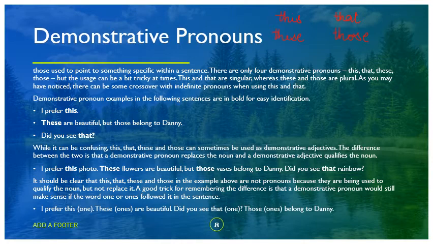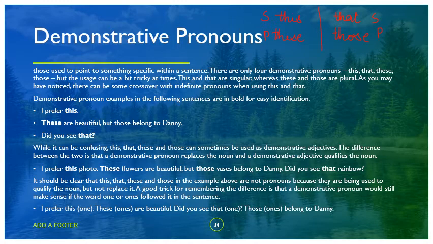Now we can see here that this is singular and these is plural. That is singular and those is plural. So what is the difference between these two?